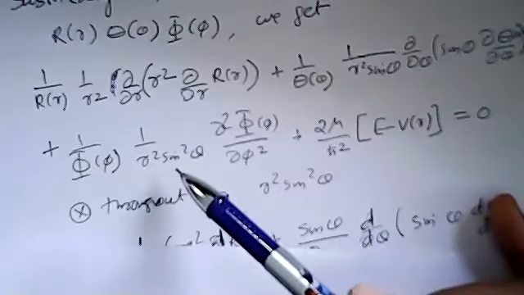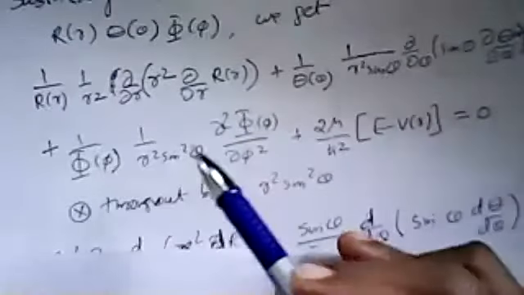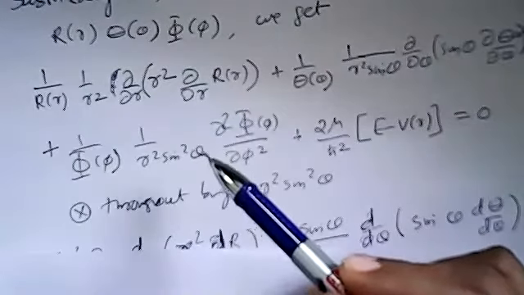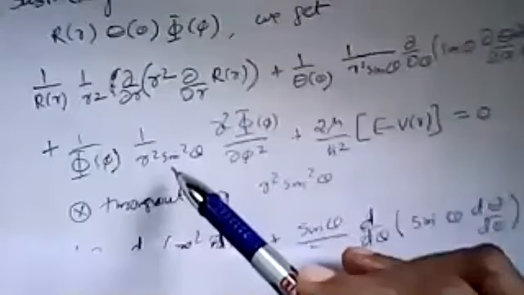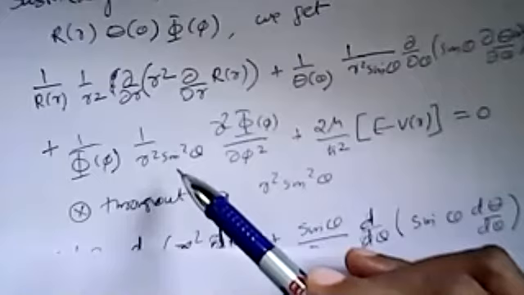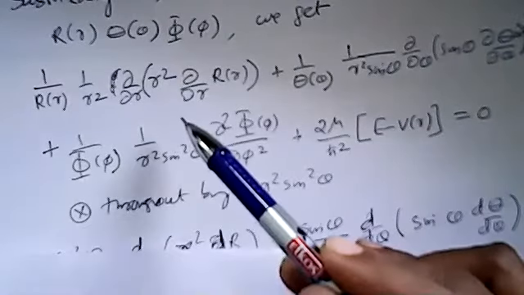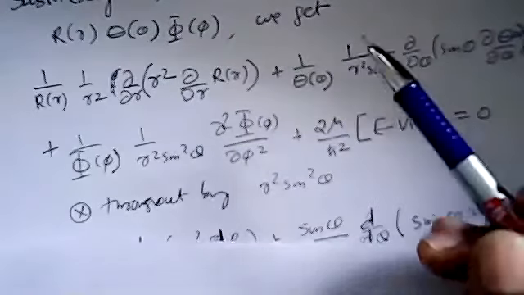And the third term contains small r and small theta. So the third term seems to be the simplest term. So you cancel this r square sine square theta in the denominator by multiplying with r square sine square theta in the numerator. So multiply all the terms with r square sine square theta.